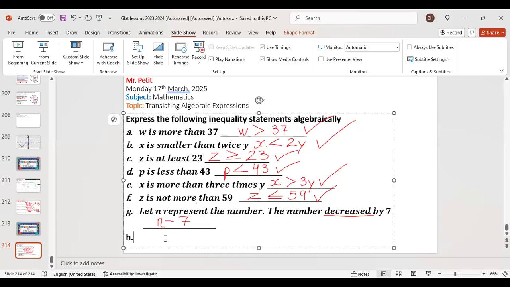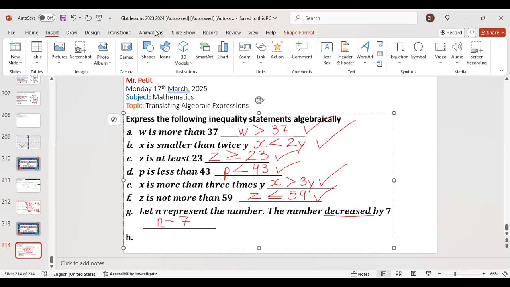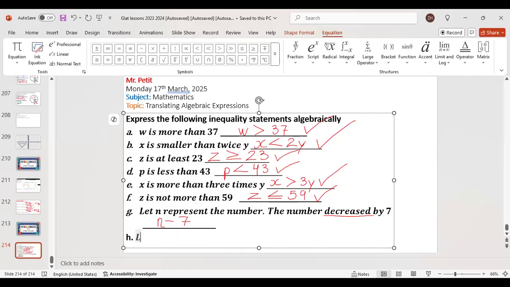Okay, so same thing. I can't let y'all go easy now. Let n represent the number.